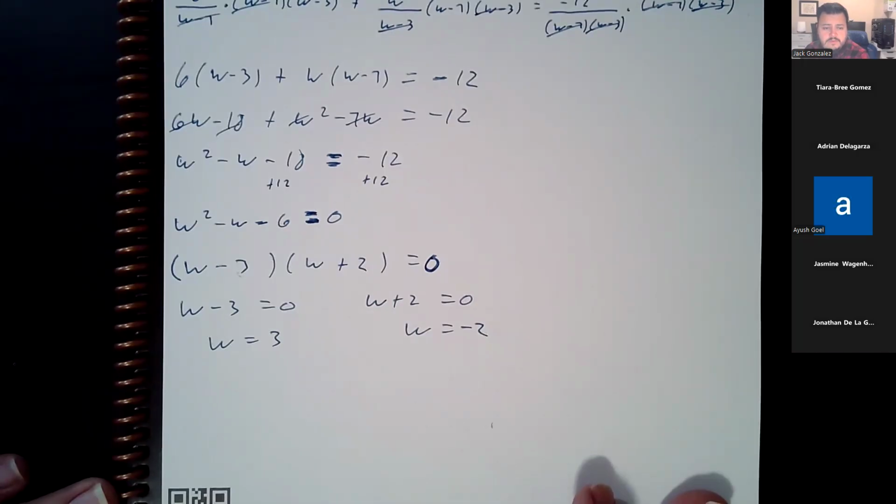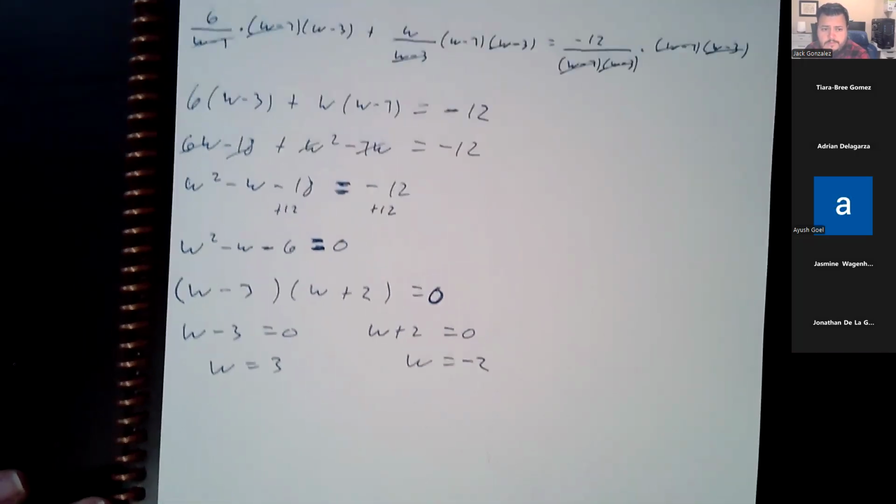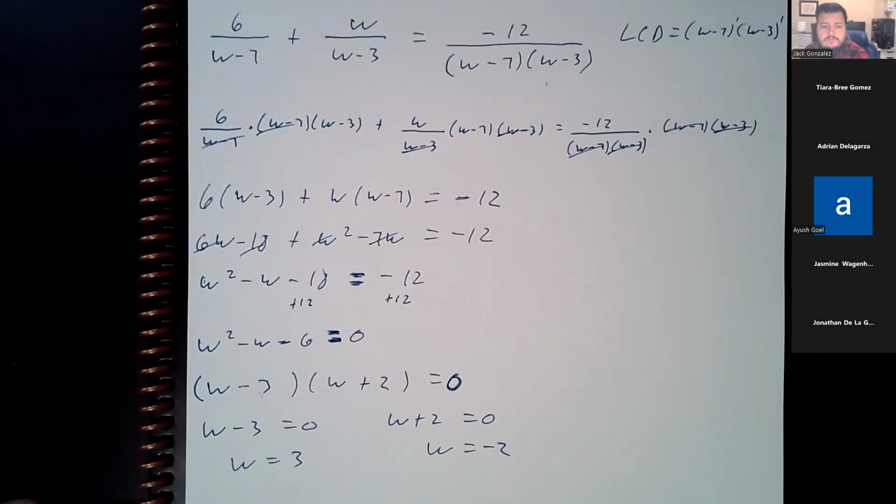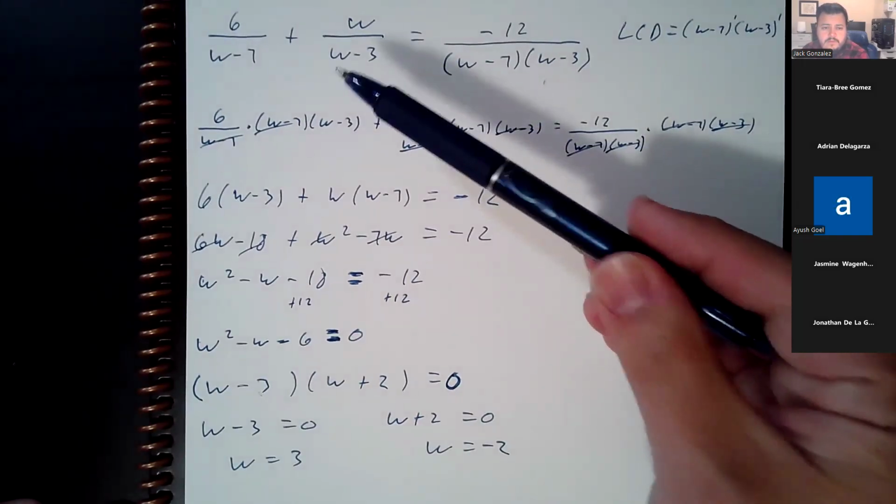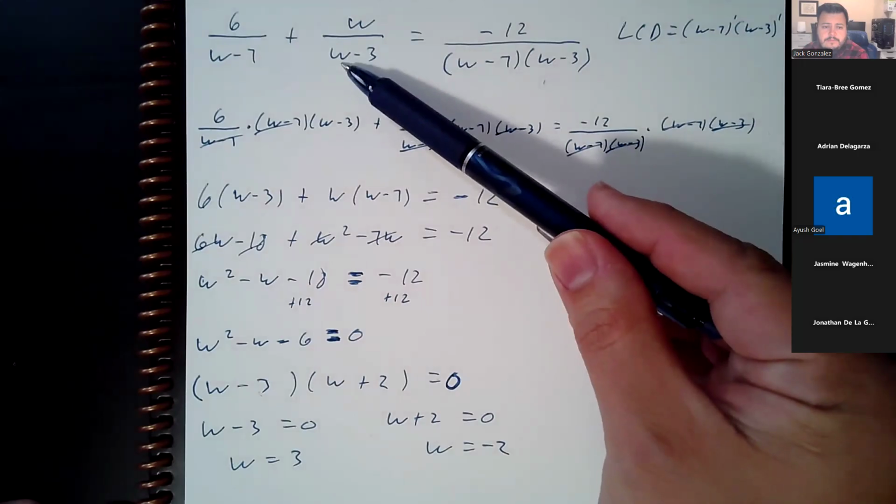The only thing is when you're doing rational expressions, always double check with the original. What would happen if I put a 3 in here?